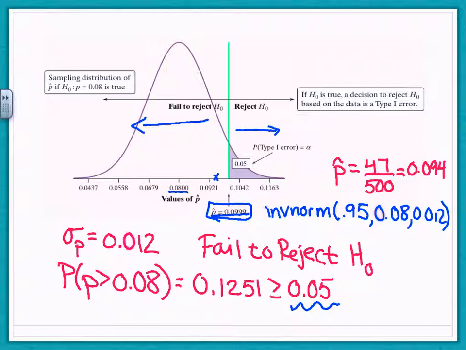So it only makes sense that rejecting the null hypothesis would have to be the probability of making a type 1 error, if a type 1 error is rejecting the null when it's actually true. In this case, our probability of making a type 1 error would be the 5%.